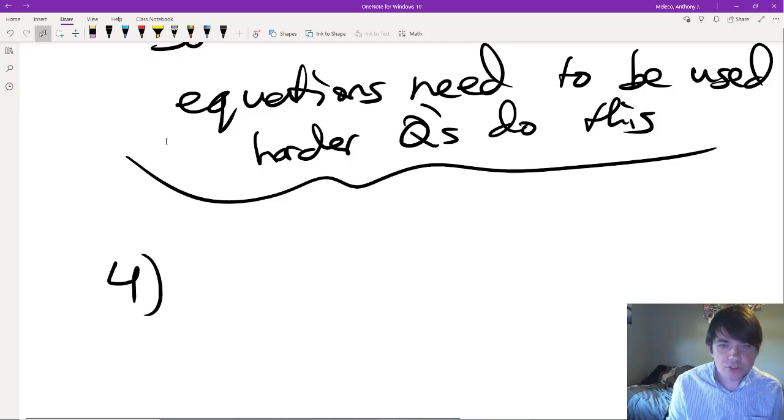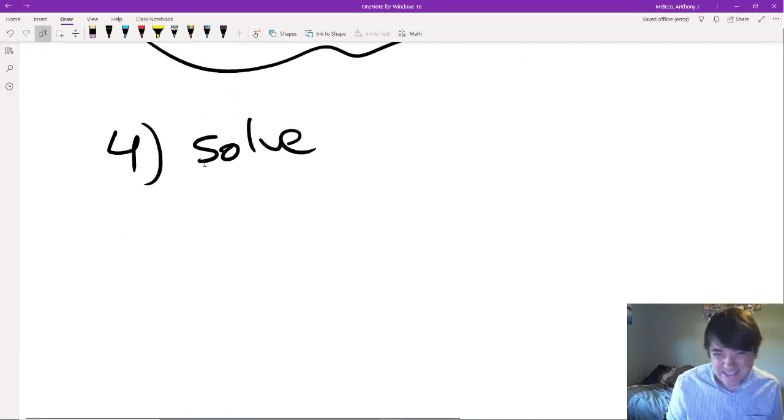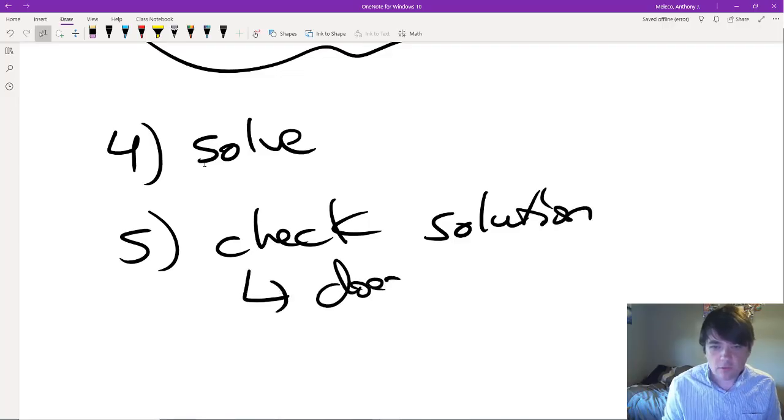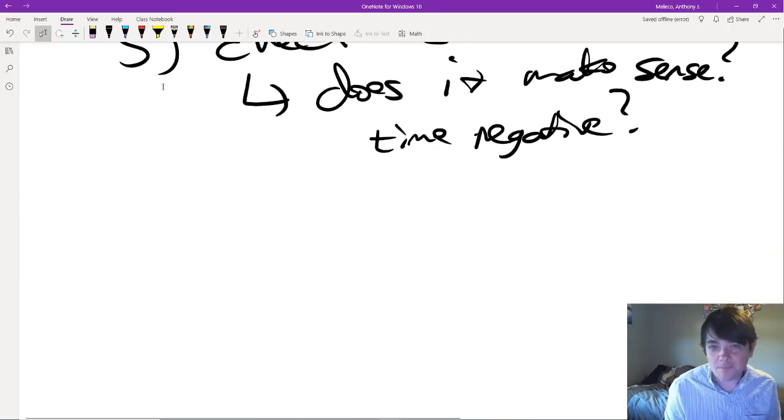Once you've got your equations, you've got your knowns and unknowns, you've drawn the problem, you understand it, then you solve, okay? And then the last thing is, once you've solved it, you've got some numerical value, you can check your solution. And there's a couple things. Does it make sense? Like, for example, is time negative, right? If time were negative, that wouldn't make sense. But the main way I check solutions is I check units.